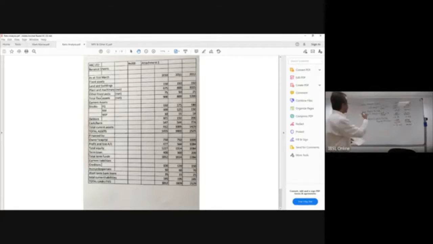This is the last profitability ratio. There can be any number of profitability ratios, but last we are taking return on equity, ROE. What is return on equity? Equity should be the denominator, and on top, net profit plus tax. So net profit plus tax divided by equity.